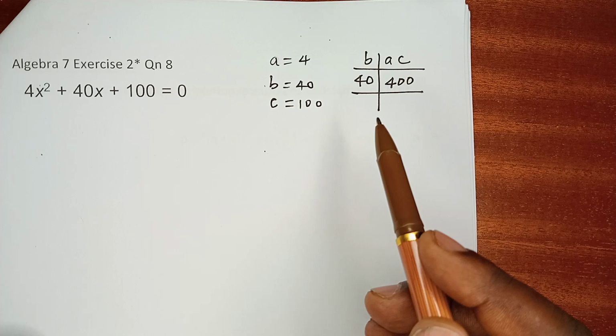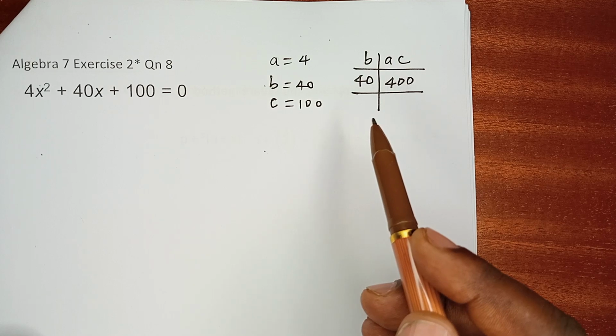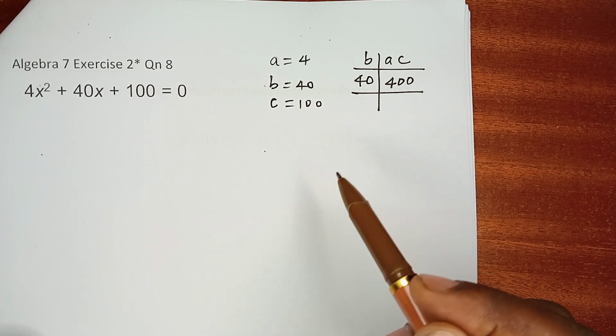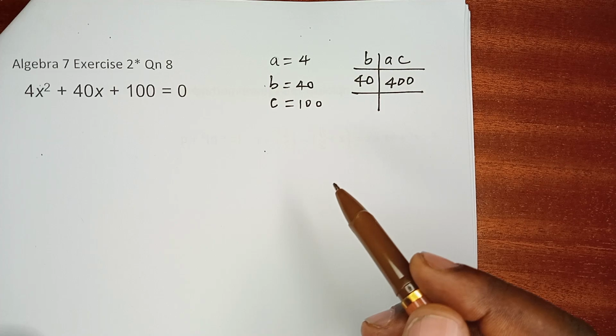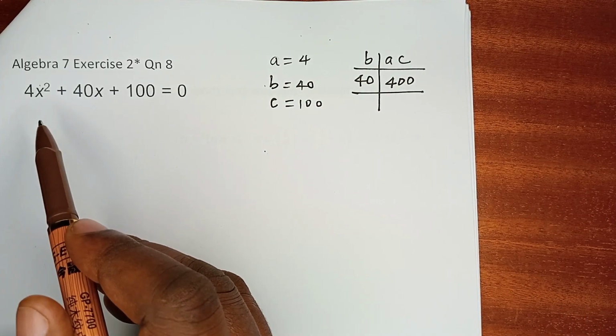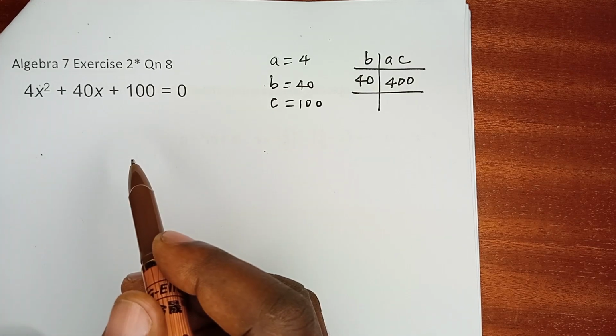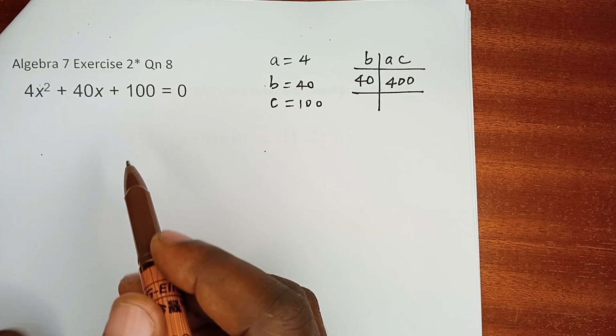We want a way to reduce the values of these figures so that our factors can easily be realized. If you look at the original equation, it is very easy to make it simpler because we can divide every number by 4.